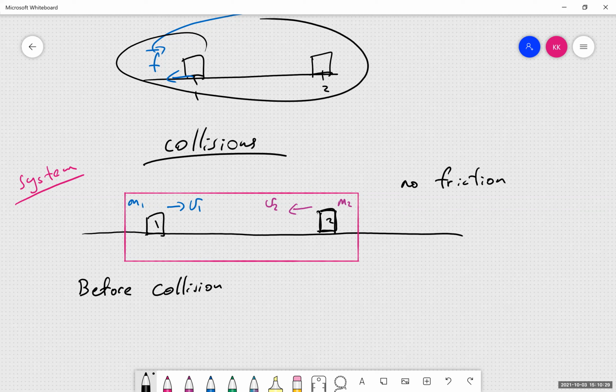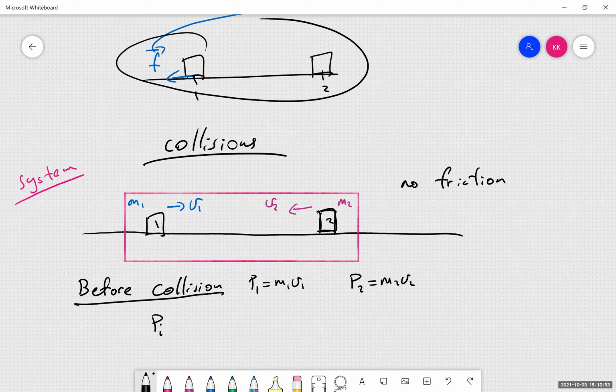Now, I can represent the momentum of the first one as M1 times V1, and the momentum of the second one as M2 times V2, because each one has mass and velocity and the product is momentum. I can also represent the momentum of the system before, using I for initial.